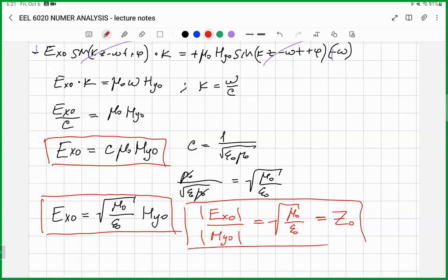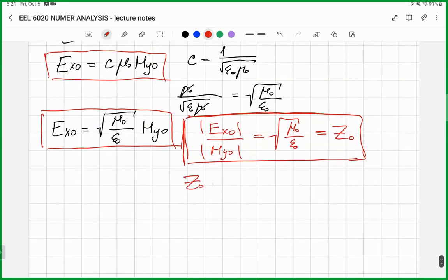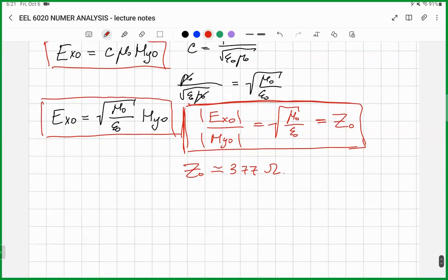The wave impedance of free space. Since this Z0 is a constant, defined by mu 0 and epsilon 0, which are constants, we can calculate the number, and in fact it is approximately 377 ohm.